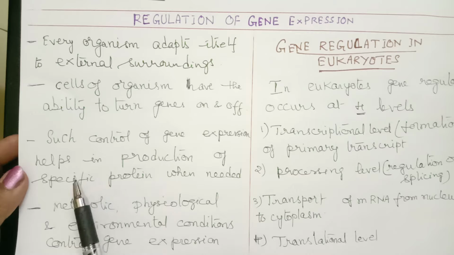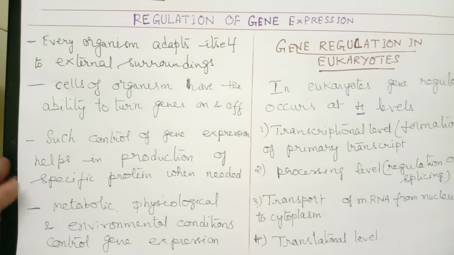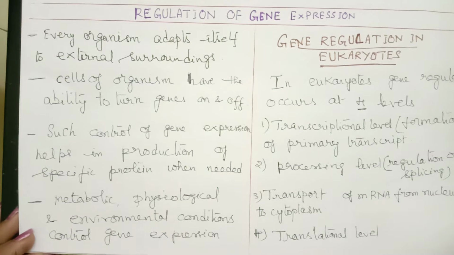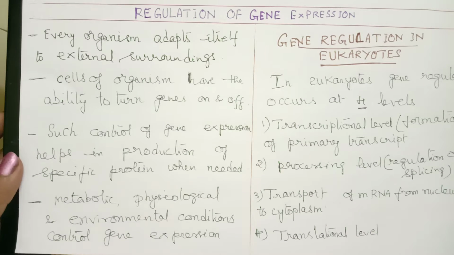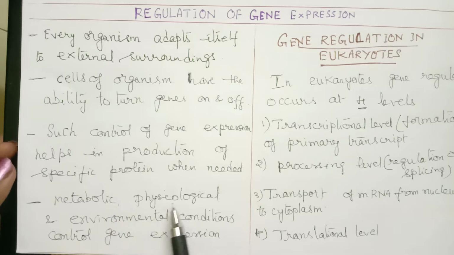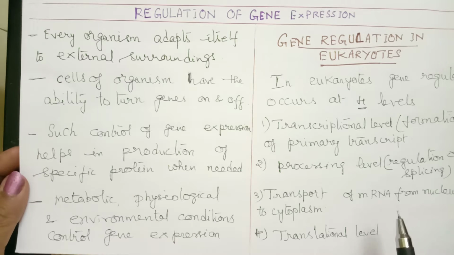Such control of gene expression helps in production of specific protein whenever needed. So whenever that protein is needed, that specific protein will be produced. And how is it controlled? This gene regulation is controlled by various metabolic, physiological and environmental conditions. So these conditions can control the gene expression.